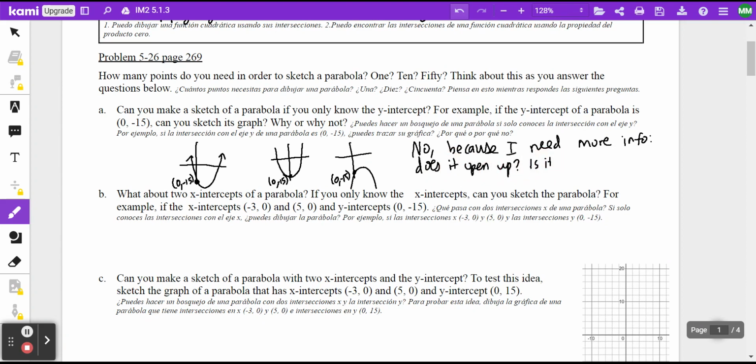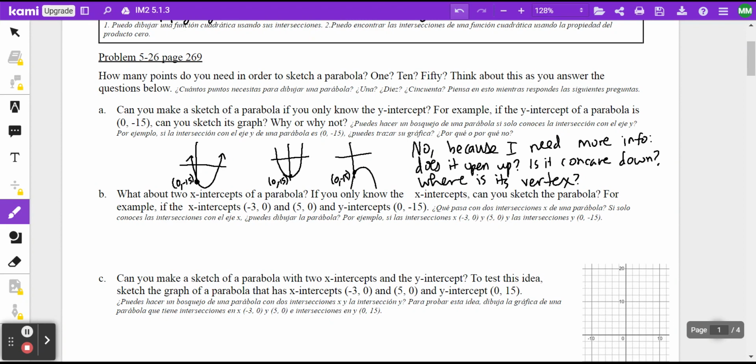Is it concave down? Where is its vertex? I need to know all of the important features of this graph, and the y-intercept is just one of them.